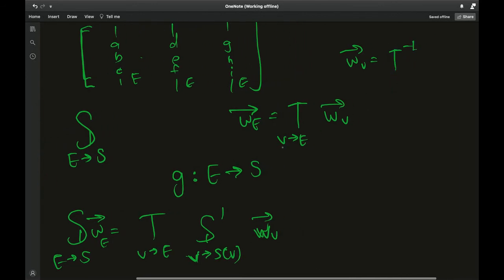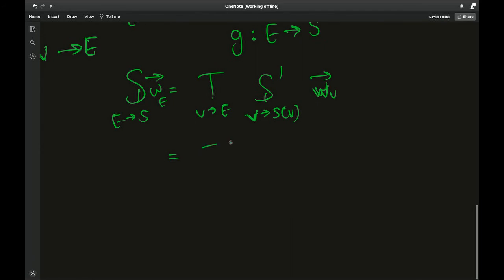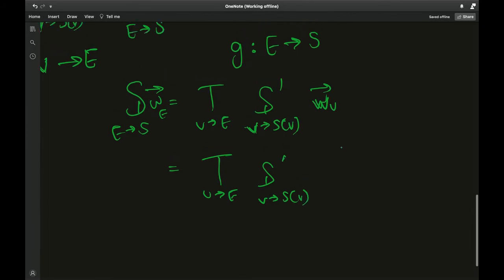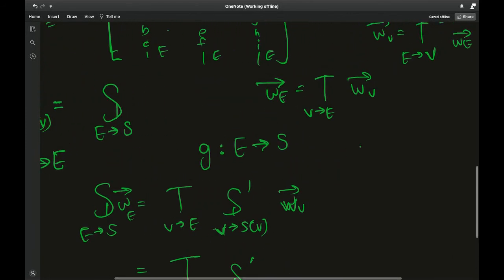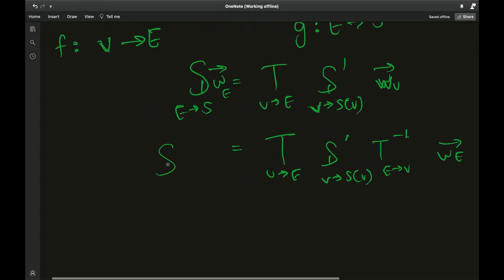T goes from V to E, so the inverse goes from E to V. It's the same process but reversed, acting on W of E. So I can make that substitution. Instead of W in basis V, I can have T inverse, which takes stuff from E to V, acting on W of E.